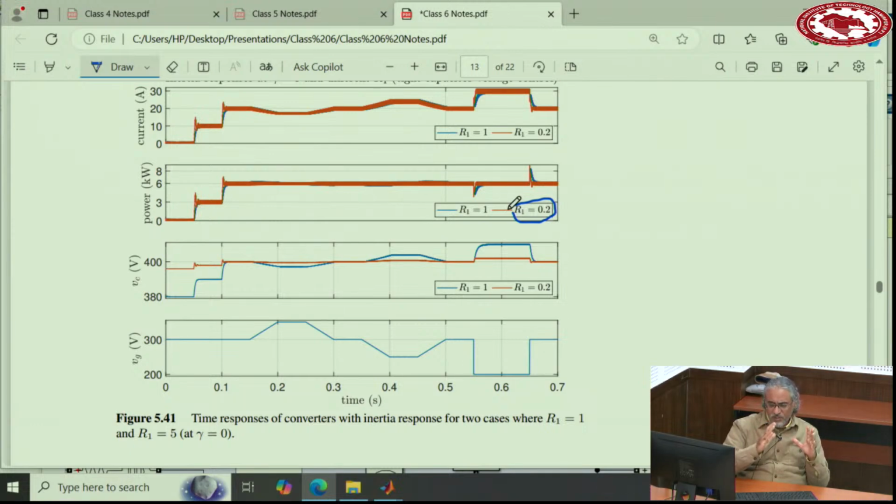In synchronous machines you cannot do it because it comes from the winding of the system; there is no way to reduce that inductance or reactance. But here it is a control parameter. If you decrease it, it means that you have a smaller reactance between them, so the responses become faster. If you look at this, some oscillations appear in the response, at the transients.